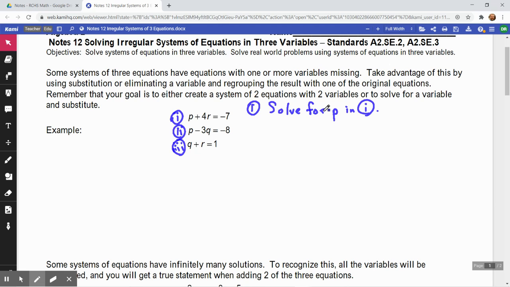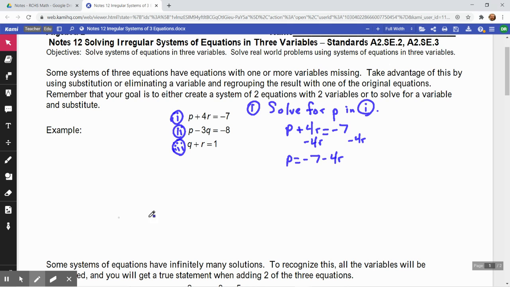Okay, so how do we do that? We take our first equation that said P plus 4R equals -7. To get P by itself, we'll subtract 4R on each side. And we end up having P equals -7 minus 4R.